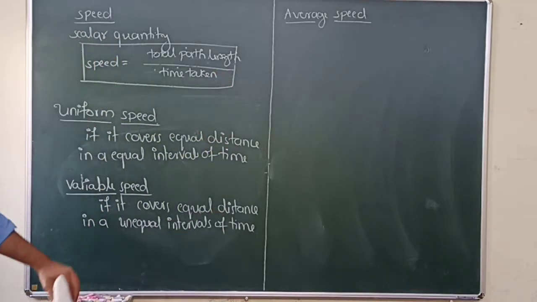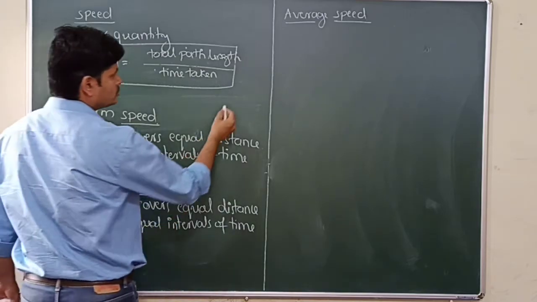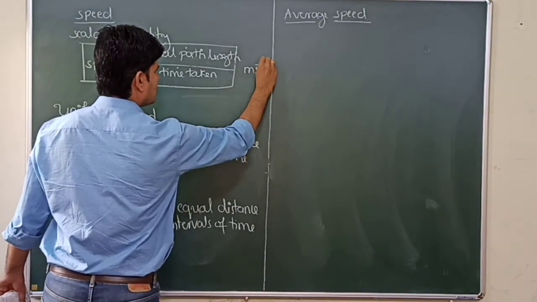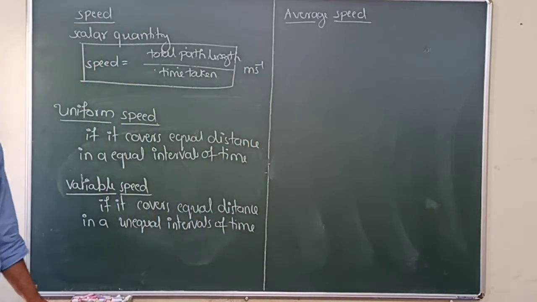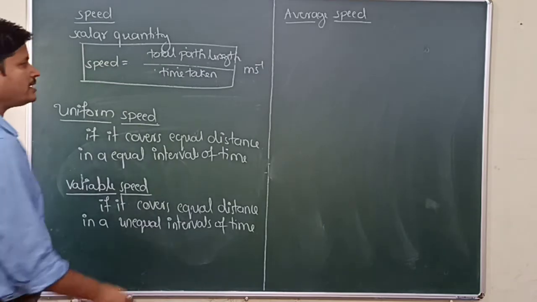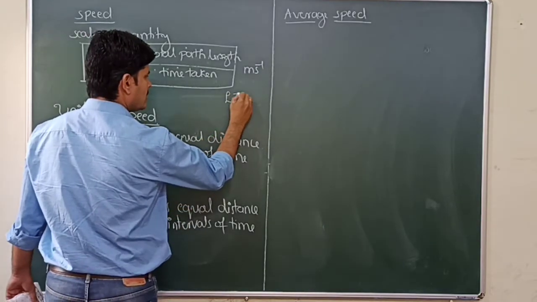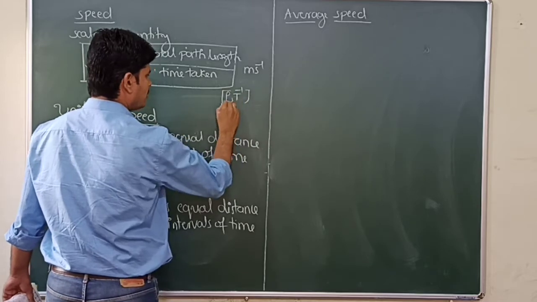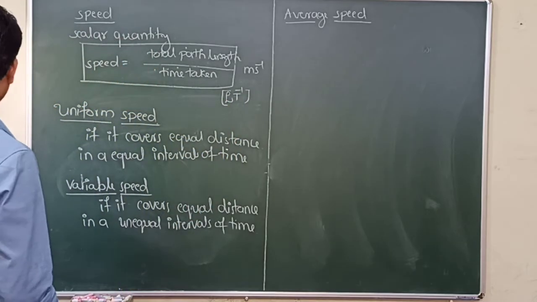That is speed, and its SI unit is what? Meter per second. Then what are the dimensions of speed? L t raised to minus 1. Okay.